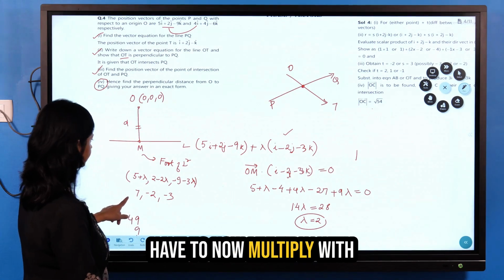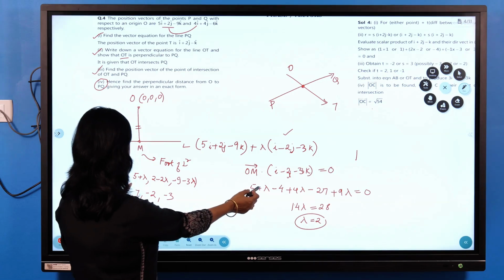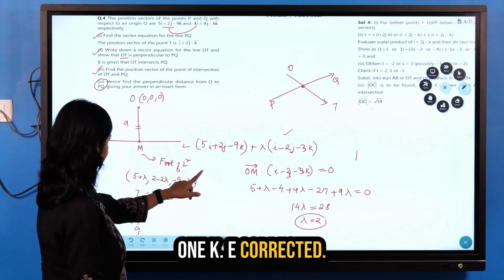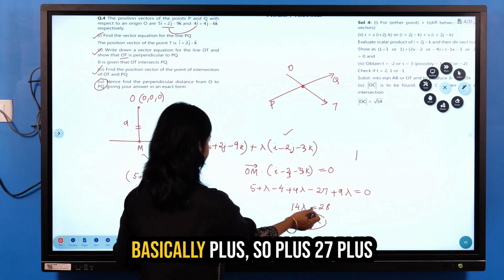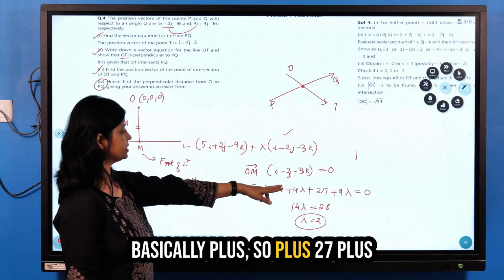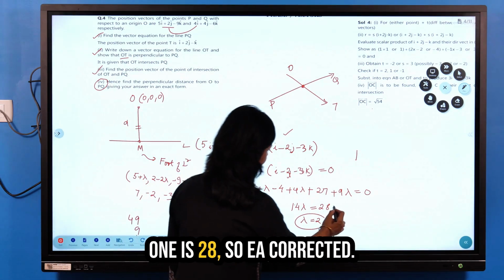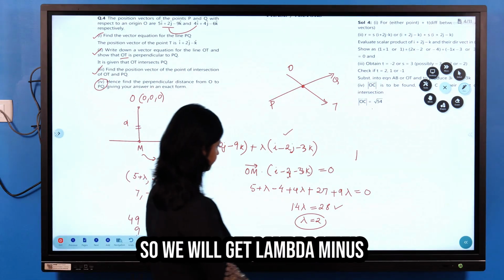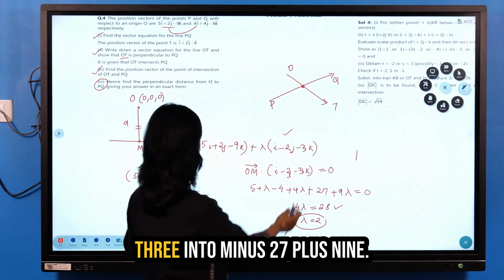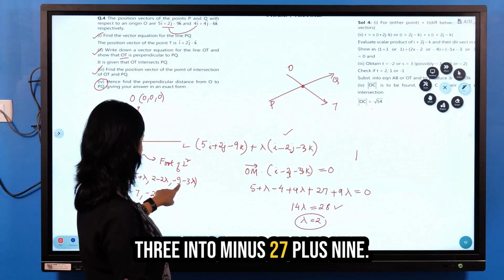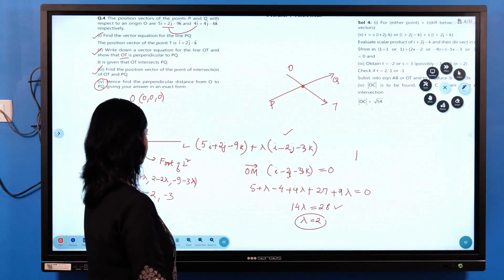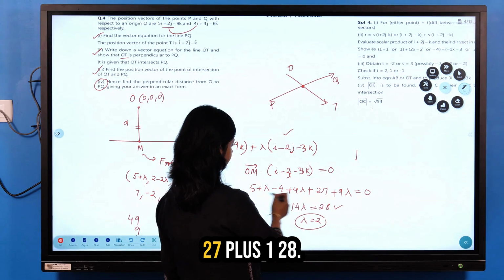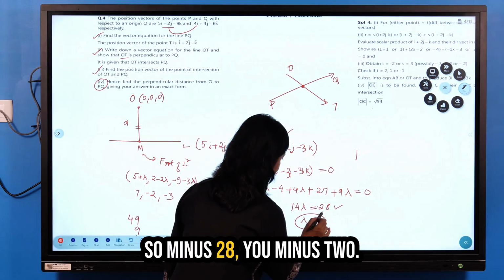So we have to now multiply with 1, this was fine, and with 2 this is also correct. So minus 3, which is basically plus, so plus 27 plus 1 is 28. This is correct. So we will get lambda, minus 3 into minus 27 plus 9, so 27 plus 1, 28, so minus 28, this will be minus 2.